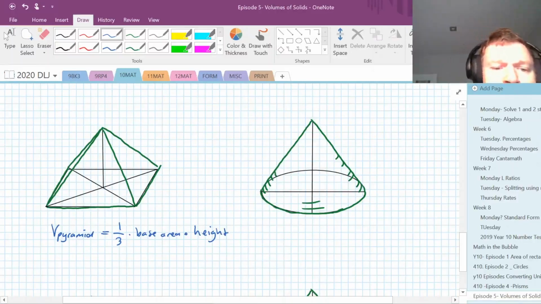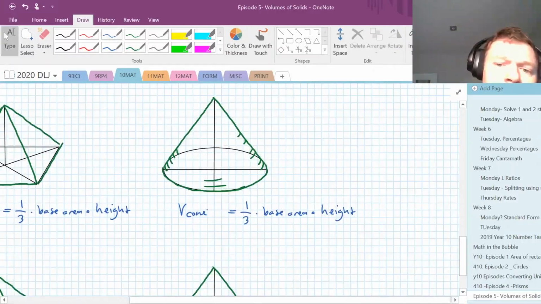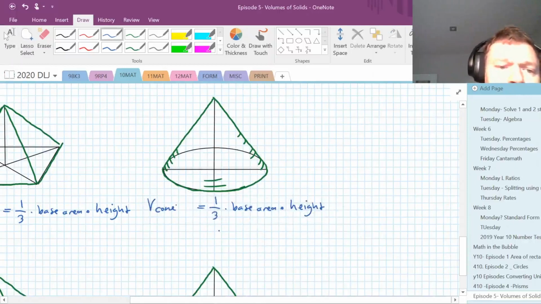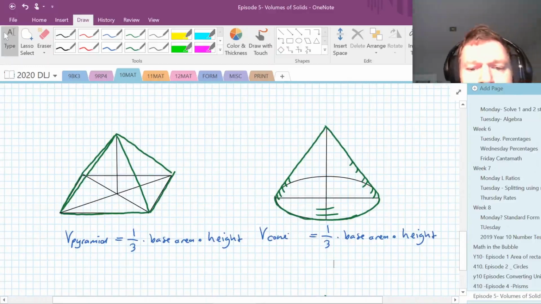And that actually is the same for a cone, but when you think about what we need to sub in for a pyramid and a cone, it's slightly different.